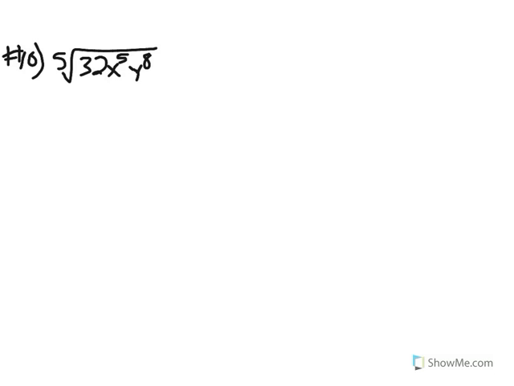Number 10, same directions, express using rational exponents. 32 is a number, no variables. If you can find the 5th root of that, then find it. Let's see, maybe it's 2. 2 times 2 is 4, times 2 is 8, times 2 is 16, times 2 is 32. So that means we can take the 5th root of 32 and say that's just 2.